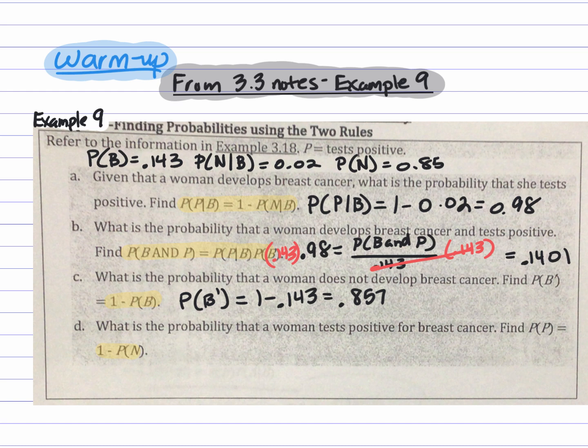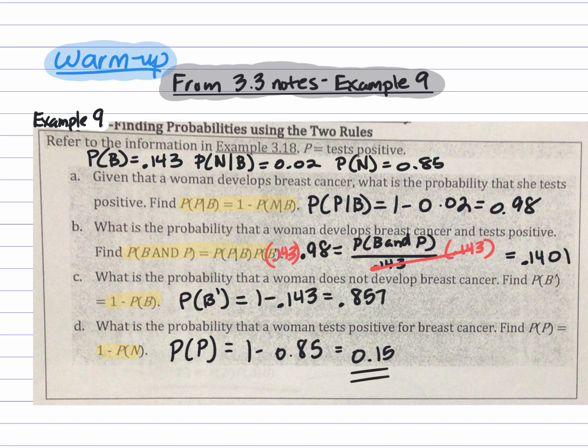And our last part, what is the probability that a woman tests positive for breast cancer? It even tells us that this is 1 minus the probability of a negative test. And so the probability of positive equals 1 minus 0.85, which is 0.15.